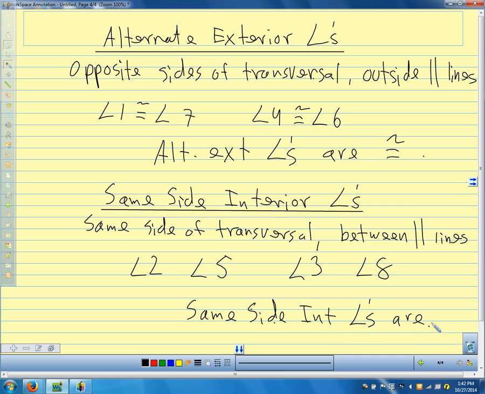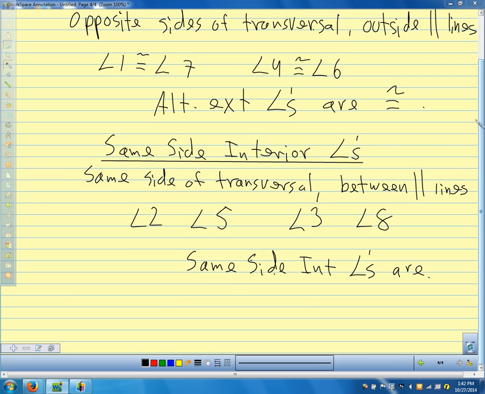So if we look at those, one looks acute and one looks obtuse, so they can't be congruent. So what possibly could happen with an acute angle and an obtuse angle? What did you think, Porter? Supplementary. They are supplementary.